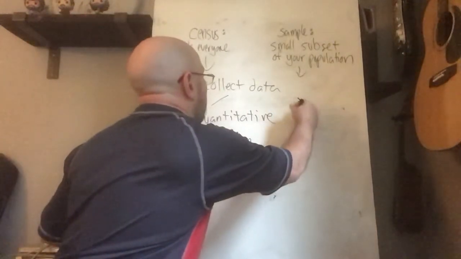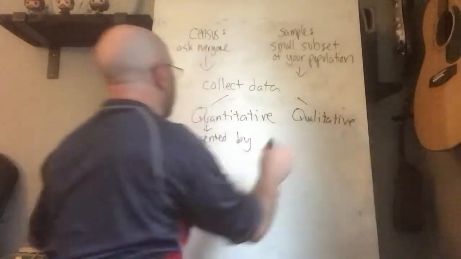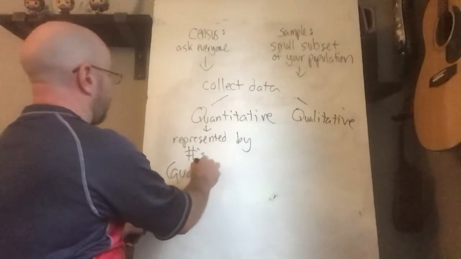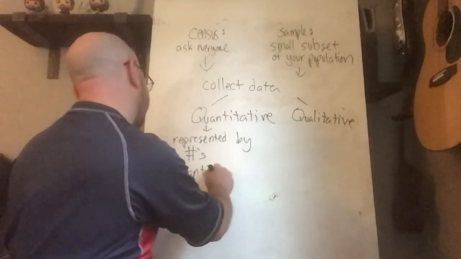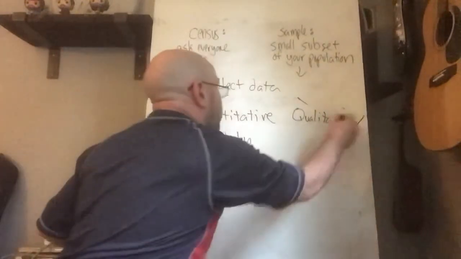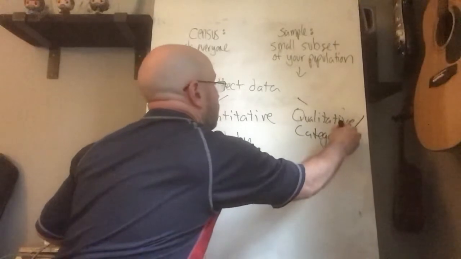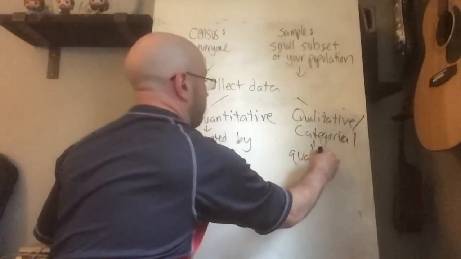Or you can get qualitative. Think about it this way: quantities goes with quantitative data. And then qualitative or categorical, these are qualities, categories.